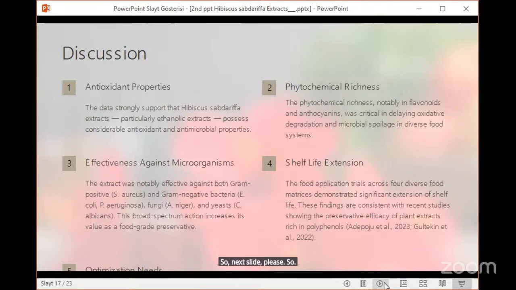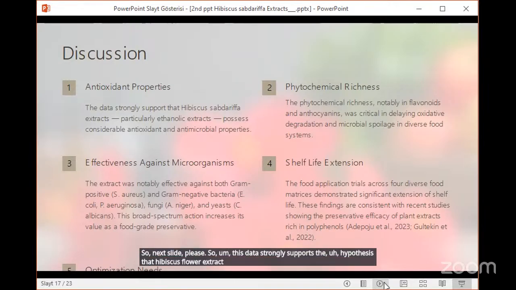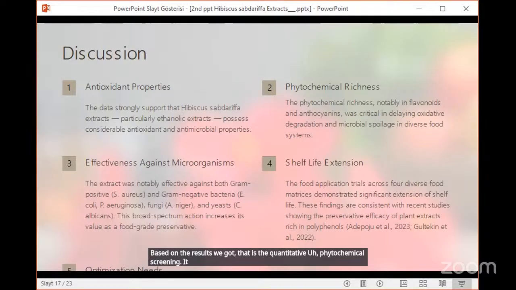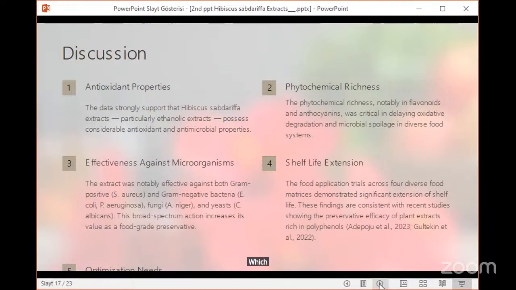So this data strongly supports the hypothesis that hibiscus flower extract, particularly the ethanolic extract, possesses considerable antioxidant and antimicrobial properties. Based on the results we got, that is the quantitative phytochemical screening, it is definitely rich, notably in flavonoids, which are very strong, potent antioxidant compounds, which are critical in delaying oxidative degradation and microbial spoilage in diverse food systems.